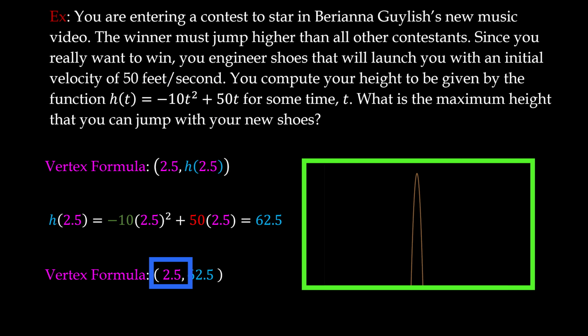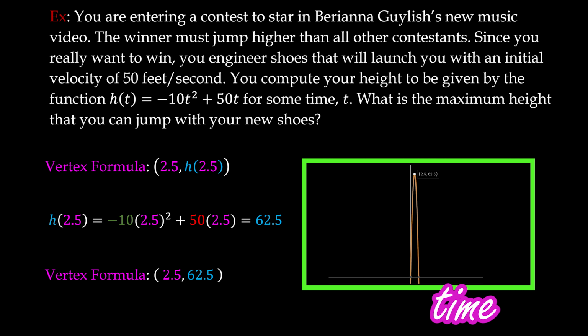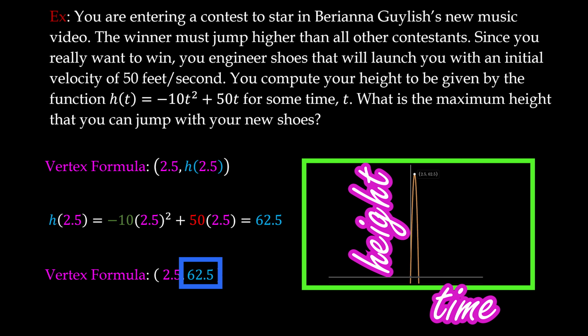Well, the first number represents a number on the horizontal axis, while the second number represents a number from the vertical axis. The horizontal axis is the time that has passed in seconds, and the vertical axis is the height in feet. So this is the number that we're looking for.